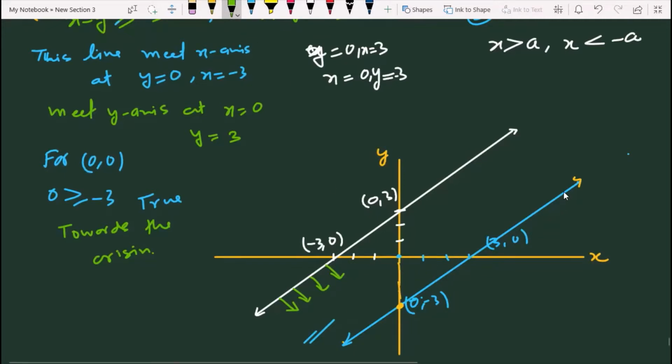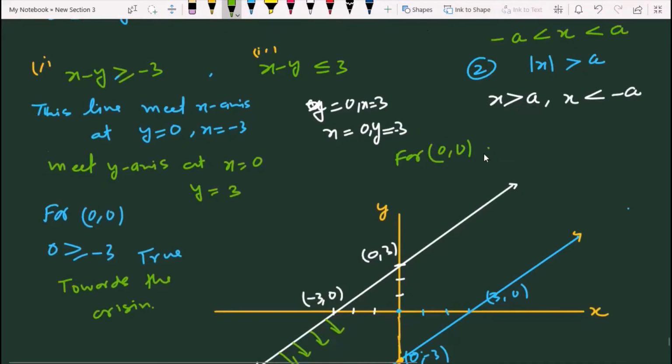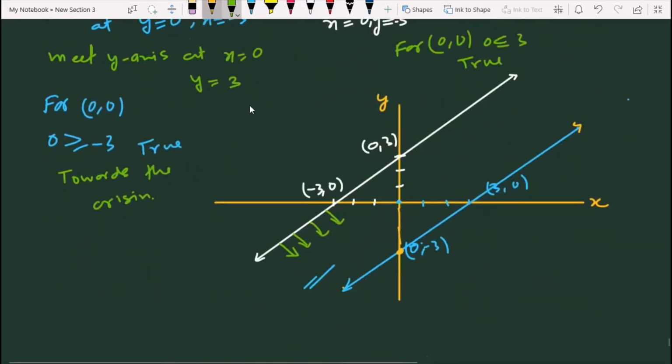To find the solution of this equation, we put 0, 0 in the equation and it gives 0 less than 3, which is true. So true means the solution of this equation is towards the origin.